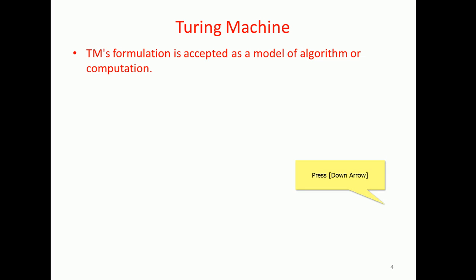the formulation is accepted as a model of algorithm or computation. The Turing machine is formulated and accepted as a model of algorithm. The algorithm has computation and performs with the help of a set of instructions.